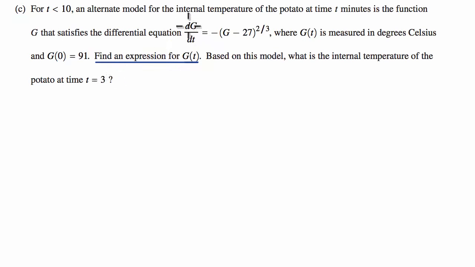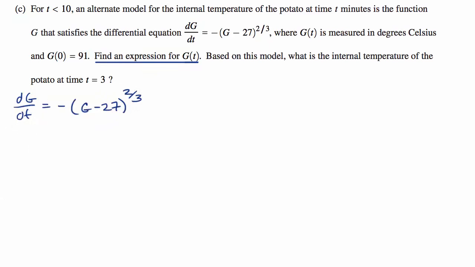So let's rewrite the differential equation. Let's see if we can find a solution, and then we'll evaluate. The derivative of g with respect to t is equal to the negative of (g minus 27) to the 2/3 power. So if this is going to be a separable differential equation, I want to separate the dg and the dt.